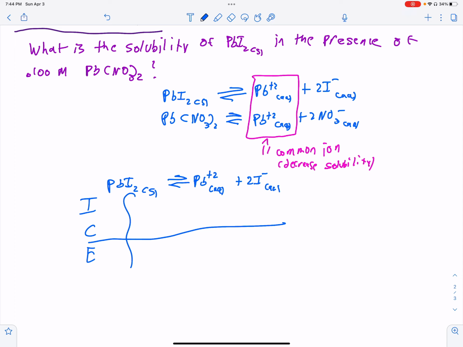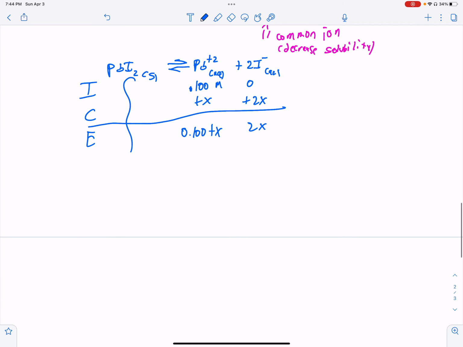How much do I have of the lead ion? Because I'm in the presence of 0.1 molar lead-2 nitrate, I have 0.1 molar lead to begin with. So I'm starting out with 0.1 molar of lead, and I don't have any iodide. I'm going to gain X, and also gain 2X of the iodide. So at equilibrium, I have 0.1 plus X of the lead and 2X of the iodide.